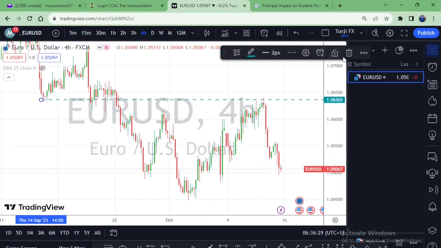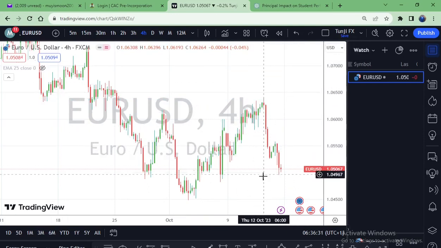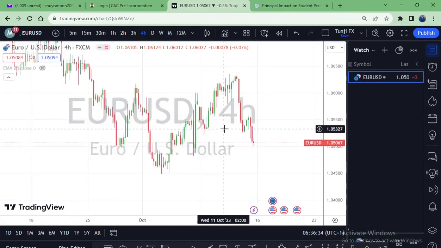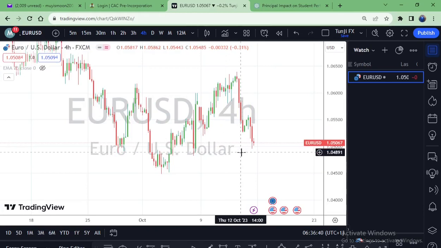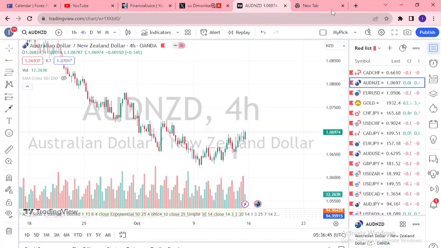Before we talk about how we are going to take advantage of the following week, let's quickly look at other factors that we look at before we take our trade.